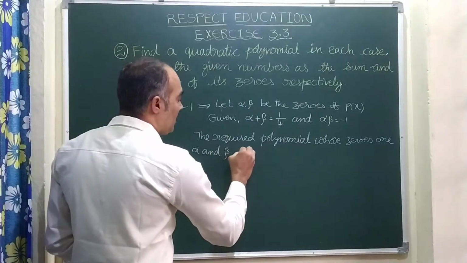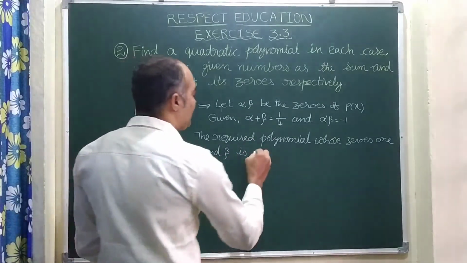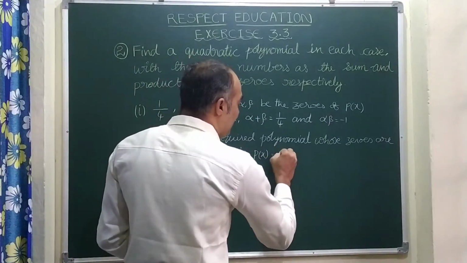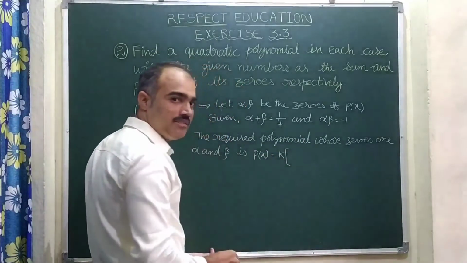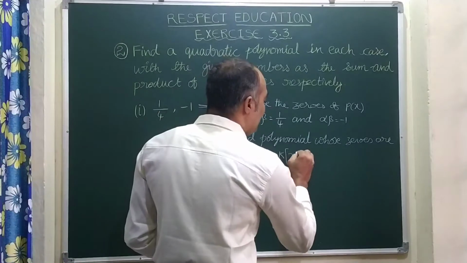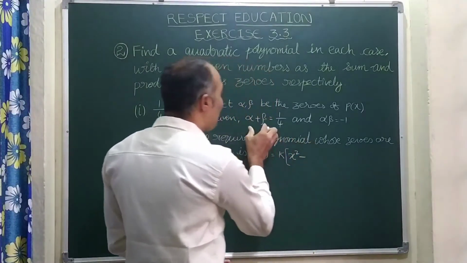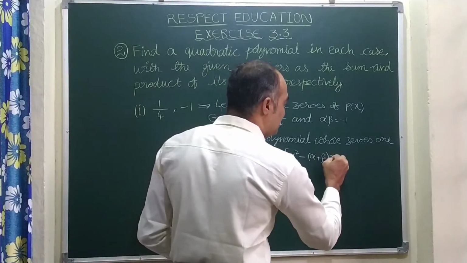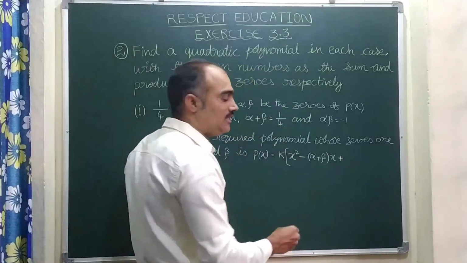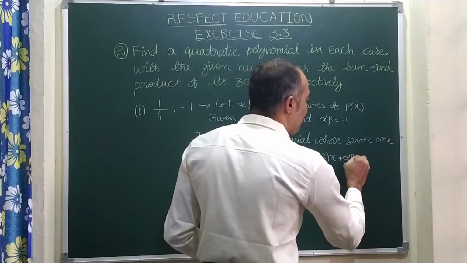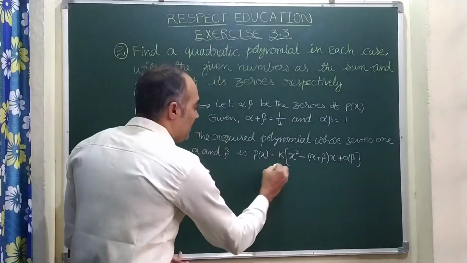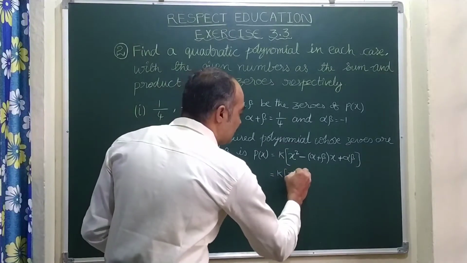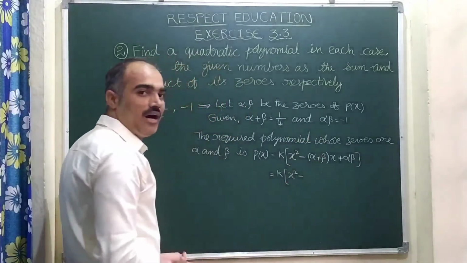The required polynomial is, here we can take like this, children, p of x equal to k times x square minus sum of the zeros, means alpha plus beta, times x plus product of the zeros, means alpha into beta. So here let us write k as it is, k into x square minus alpha plus beta.